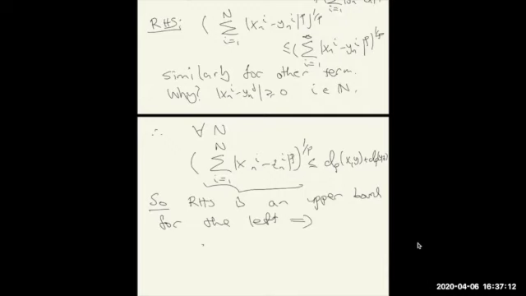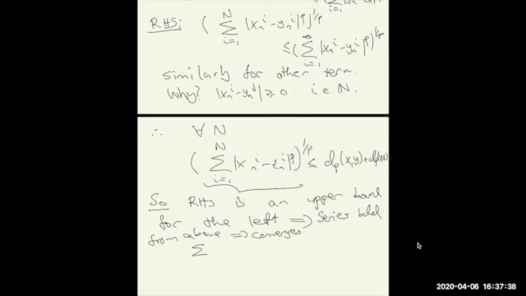So what we get is, by sending N to infinity, again, this series is a sum of positive terms. It's bounded from above by this quantity, and therefore it converges.